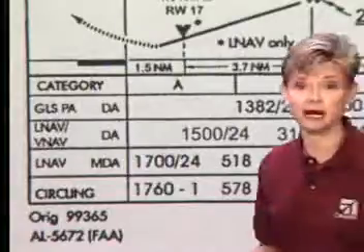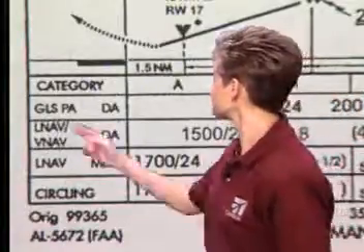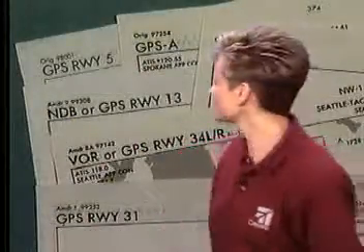Now, how do we move up to the next level, labeled GLS PA, with even lower minimums? Well, to do that, we'll need VNAV capability with even more accurate GPS than we have now. Remember earlier I called the magnificent KLN-89B a plain vanilla GPS? Well, that's because we will soon have equipment that will let us do much better. As you probably have noticed, all of the GPS approaches we have talked about so far have been non-precision approaches.